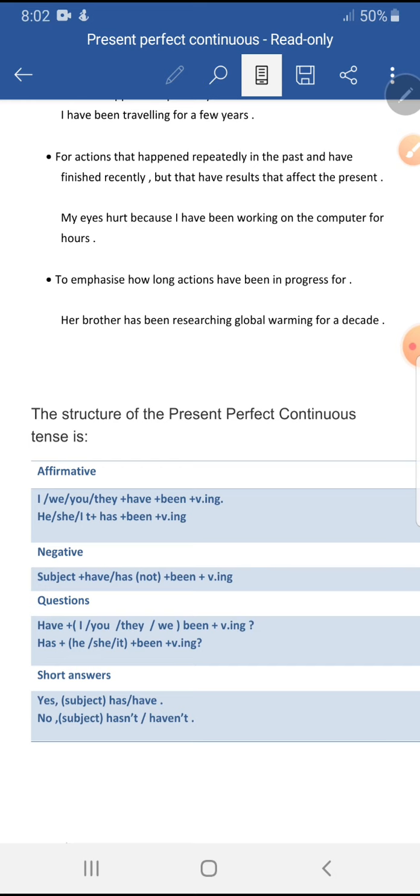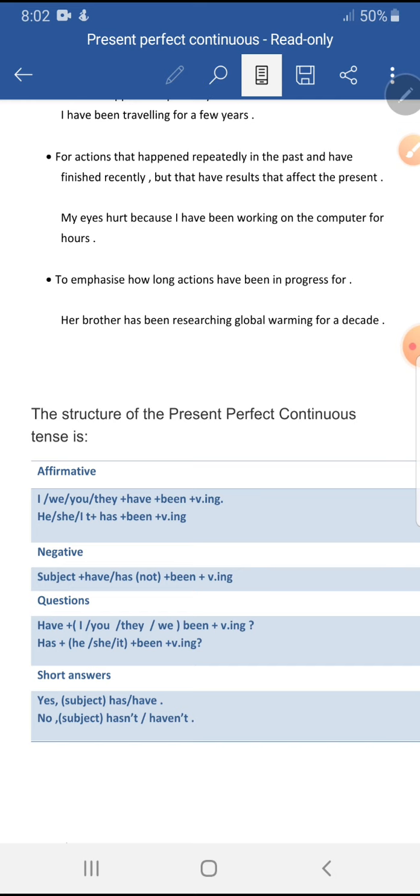Now let's get started on how to form the present perfect continuous. Use the auxiliary verb to have اللي هو have or has plus the past participle of the verb to be which is been plus the verb ing. Here we have the subjects I, we, you, they plus have plus been.